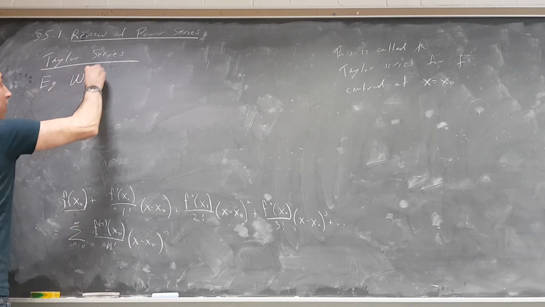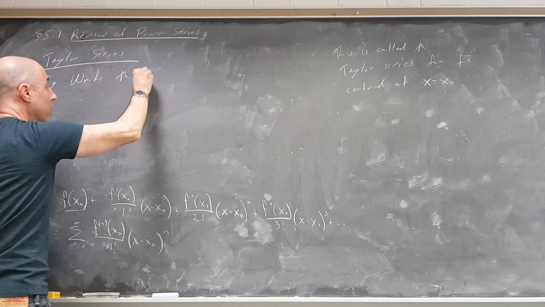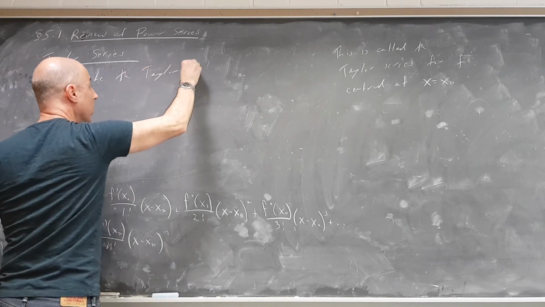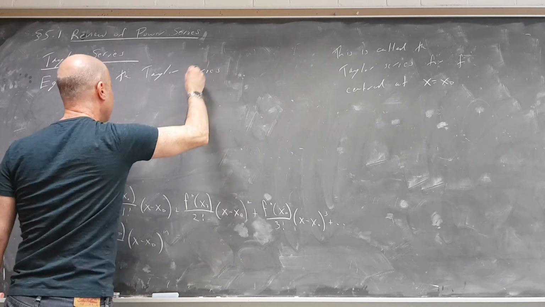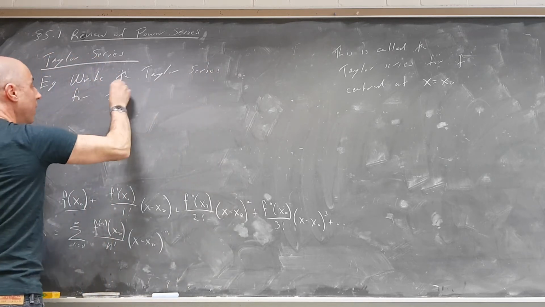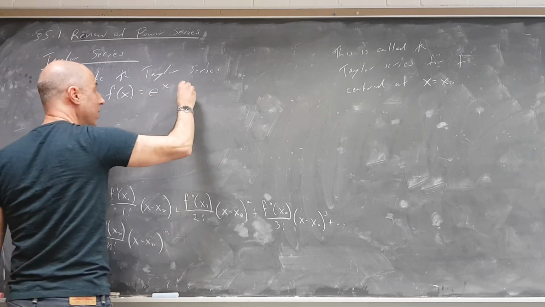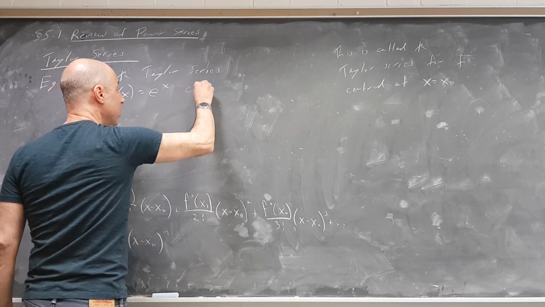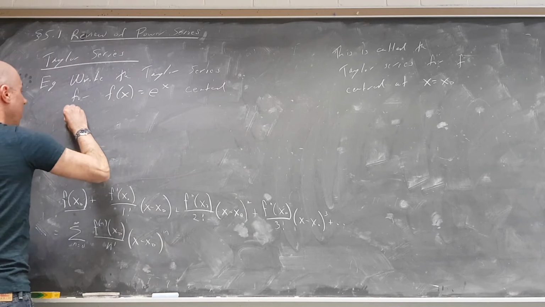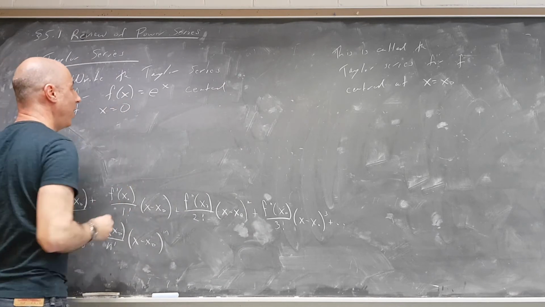Write the Taylor series for f of x equals e to the x centered at x equals 0.